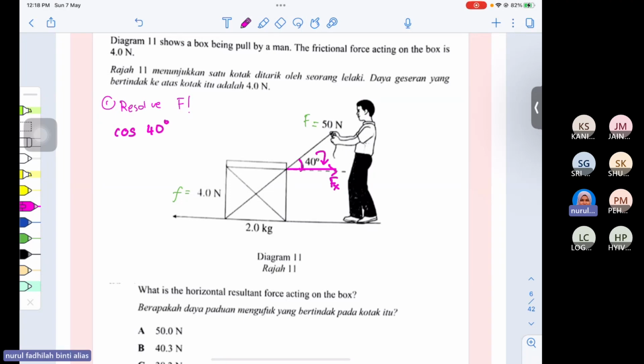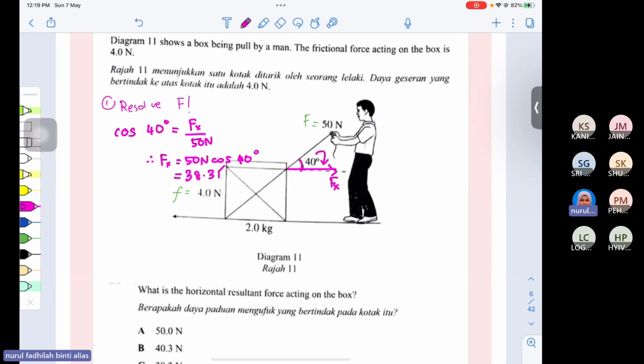Cos 40 degrees equals Fx over 50. Therefore Fx equals 50 Newton cos 40. Anybody can help me calculate 50 cos 40? 38.3.